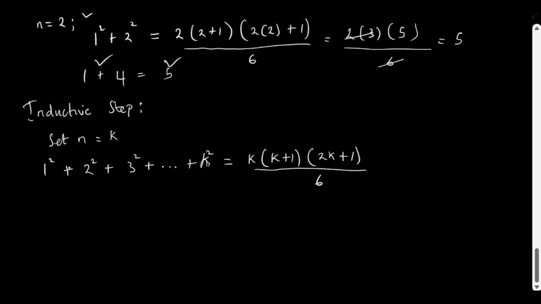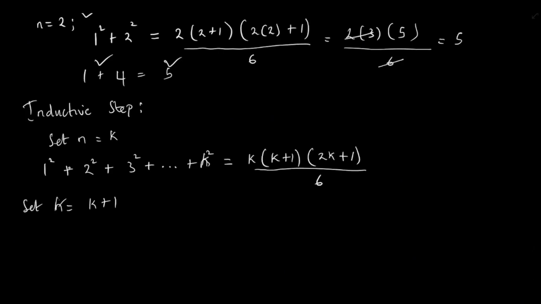So the next thing we have to do is set n equals to k plus 1, or set k equals to k plus 1. So anywhere we see k, we are going to write k plus 1 for it. 3 squared plus all the way to plus k squared plus the next value of it will be k plus 1 all squared, which is equals to k plus 1.